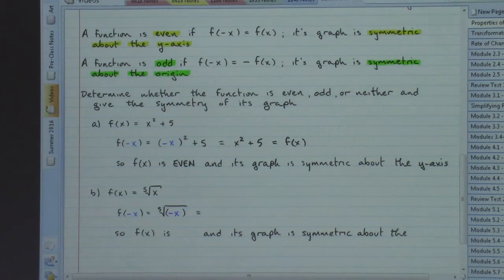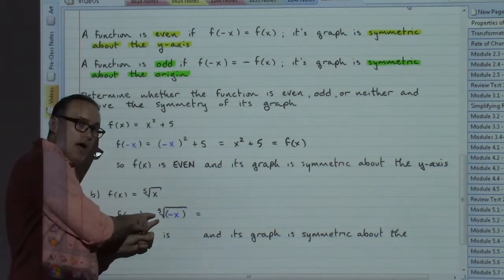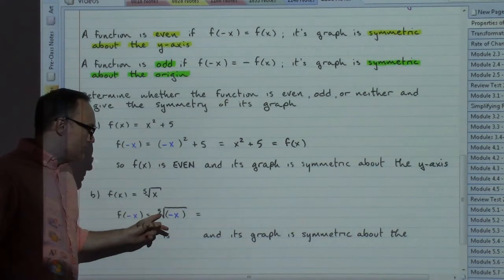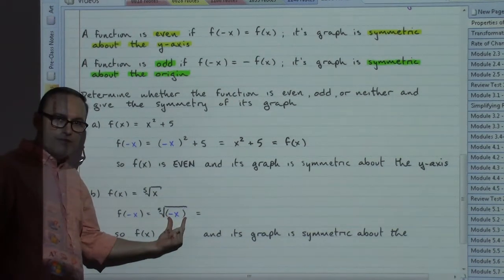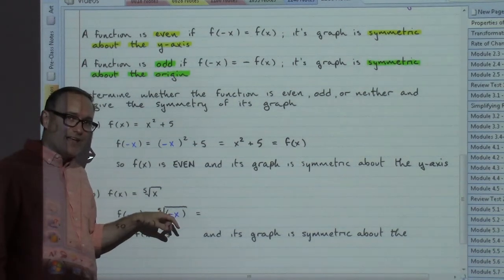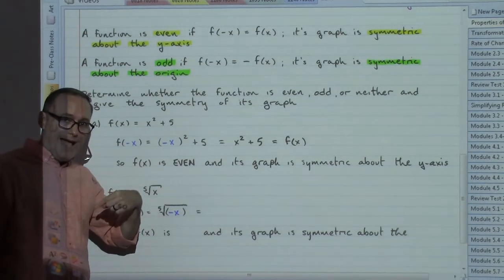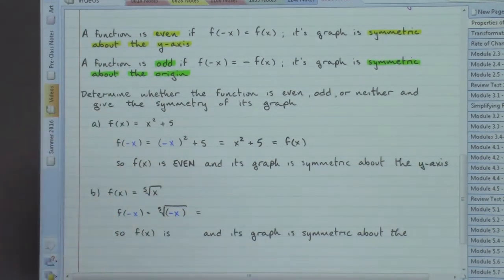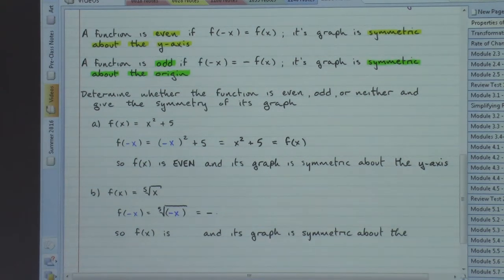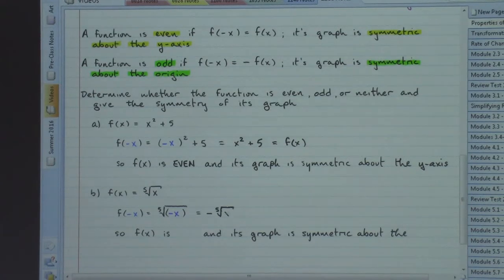Now we want to be able to compare this with our original function, so we've got to remember a little something about odd roots. What number raised to the 5th power would give me a negative? Well, that would be a negative number. So we're actually allowed to take the negative that's inside of an odd root and plop it outside instead. Which means that if that negative is sitting out in front, it's no longer inside of that root anymore.